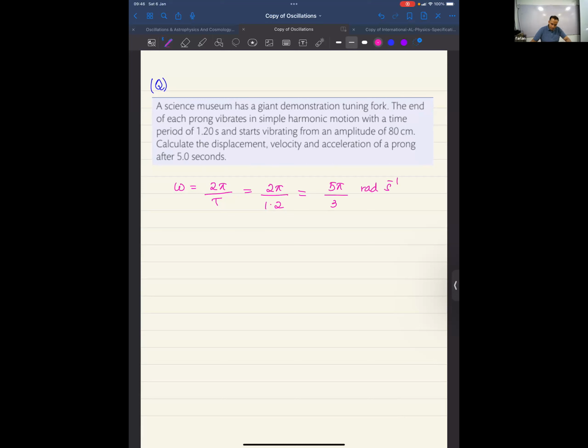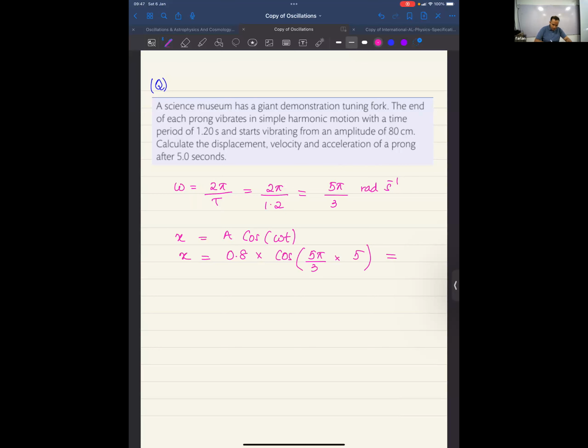So to find the displacement at 5 seconds, we can use x equals a cos omega t. The amplitude is 80 centimeters. I'll take it in meters this time, 0.8 meters. Omega is 5 pi over 3. T is 5 seconds.